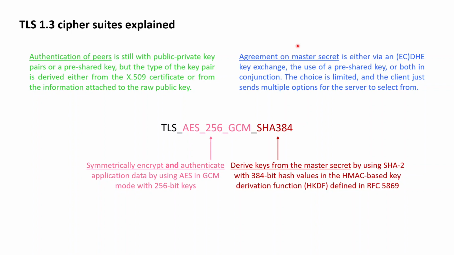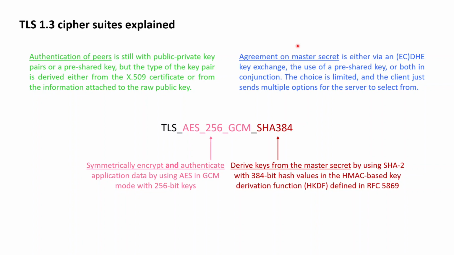With this very limited choice, there is no need to have it explicitly specified within a cipher suite, and a client will just optimistically send a selection of supported key exchange methods together with corresponding ECDHE half keys to the server. If the server supports one of the key exchange methods sent by the client, the handshake proceeds. Otherwise, the client restarts the connection with a different set of key exchange methods.